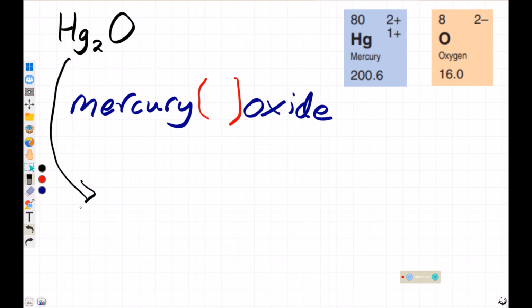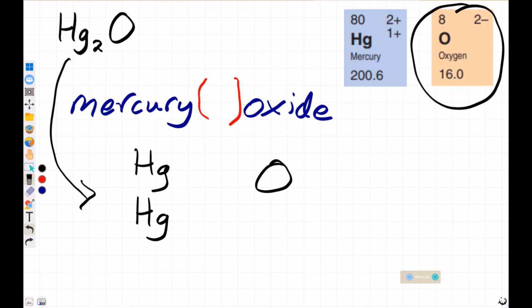This tells us that we have two mercury elements and one oxygen. Again, we don't know if the mercury is a 2 plus charge or a 1 plus charge. But according to the periodic table, we do know that oxygen has a 2 minus charge to it. In order to solve this question, we are going to have to do what's called balancing the charges.